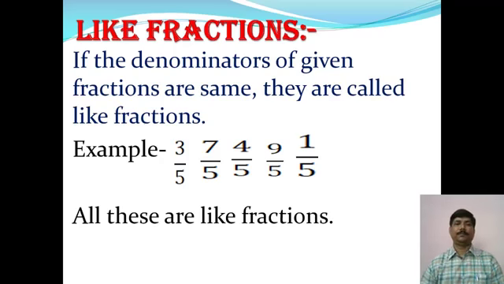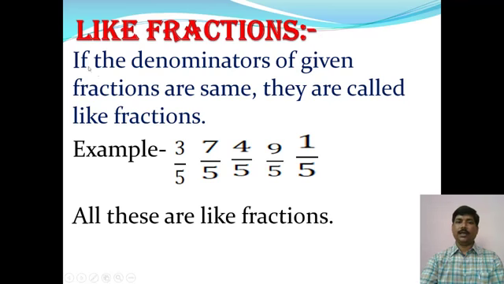Like fractions. If two or more fractions are given, how can we find that the fractions are like fractions? If the denominators of the given fractions are the same, they are called like fractions.